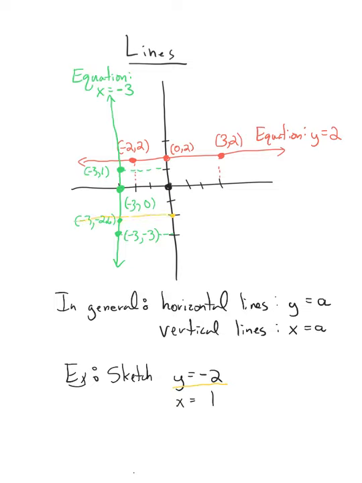So here is the line y equals -2. And the line x equals 1, well, all the x-coordinates are the same, so the y's can be whatever. So here's a sketch of the vertical line x equals 1. So now that we have those, horizontal lines and vertical lines are easy.